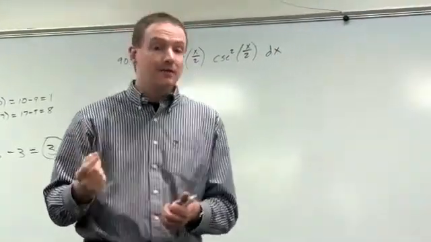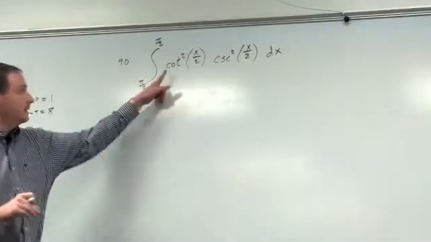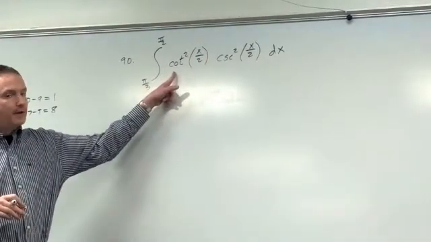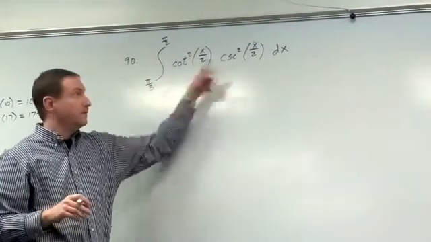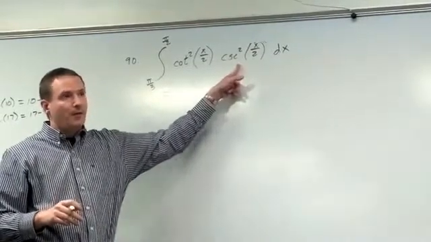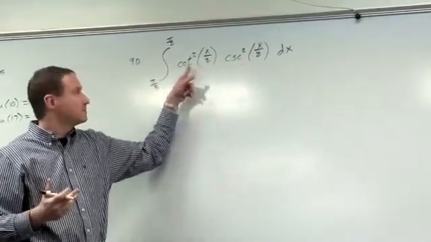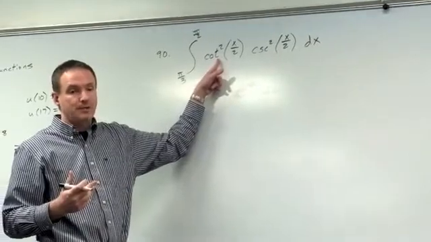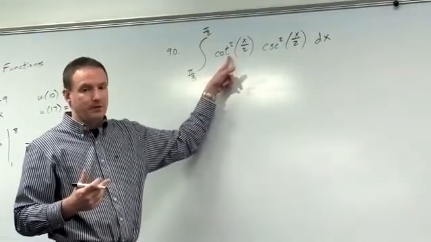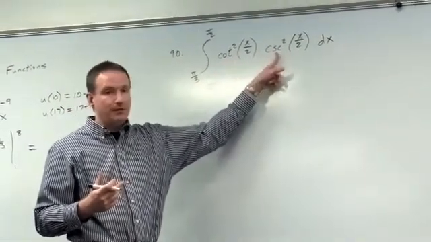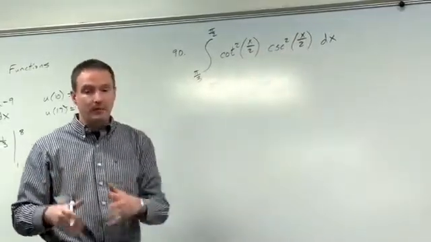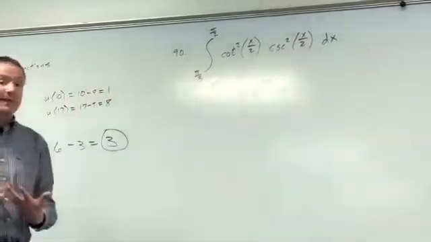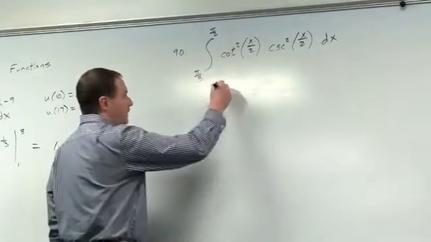I think the easier one is going to be if I let U equal this one. But even if I let U equal this, the derivative is still there. But the problem is that that first term, you're only going to get rid of one of the powers of it. You're still going to have a cotangent floating around if you let U be this. That wouldn't be the end of the world. We could get rid of it, but this will be the easier method. And we're all about doing it the easier way.